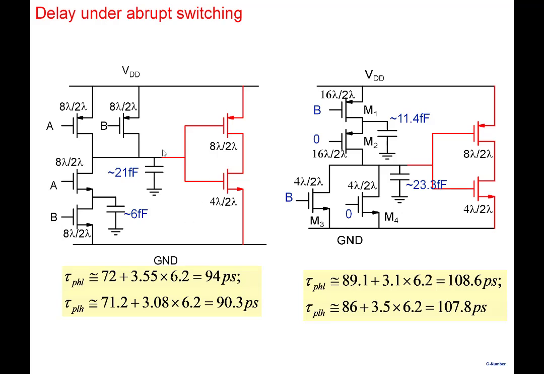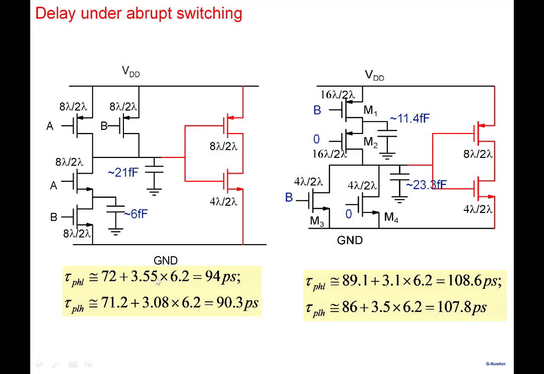The load capacitance for the NAND gate is this inverter. When I look at the inverter from here, the load capacitance is 6.2 femtofarad. And this term tells how much the delay increases with each femtofarad of external capacitance here.